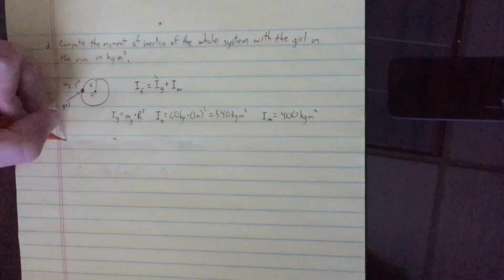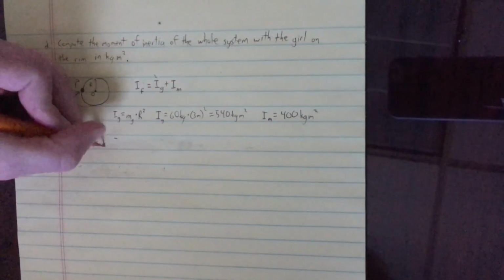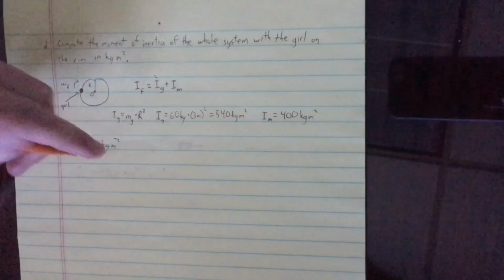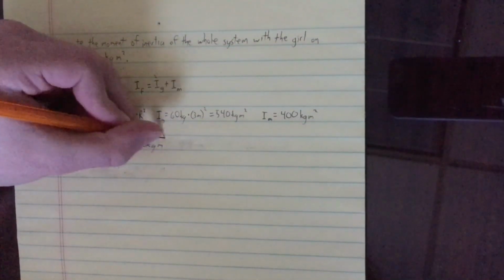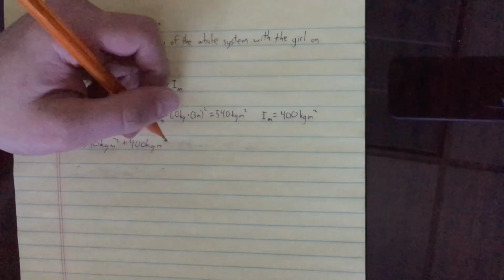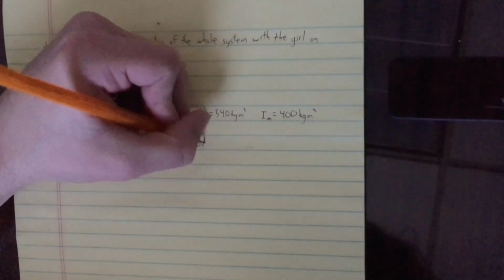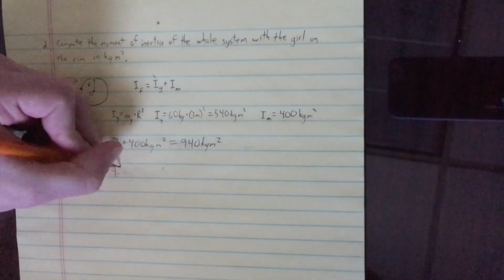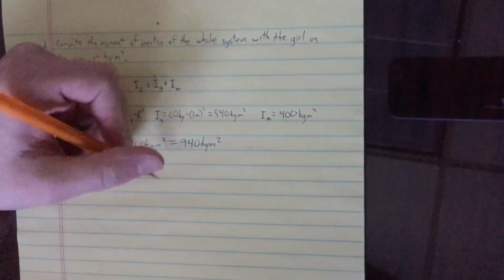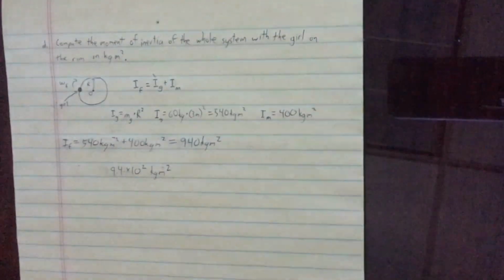So we just add the 540 kilogram meters squared that we calculated for the girl in part A and the 400 kg meters squared for the merry-go-round, which we were given in the description of the situation. So this is going to be obviously 940 kg meters squared. And with our two sig figs, 9.4 x 10 squared kg meters squared.